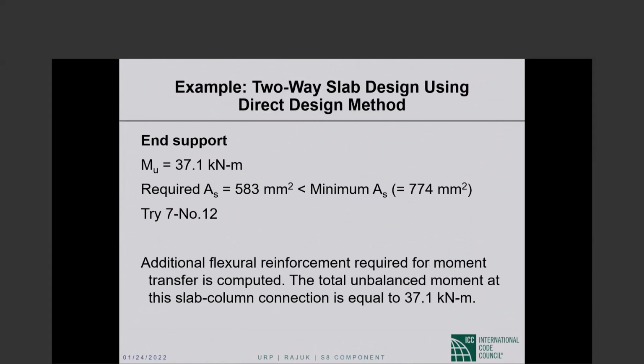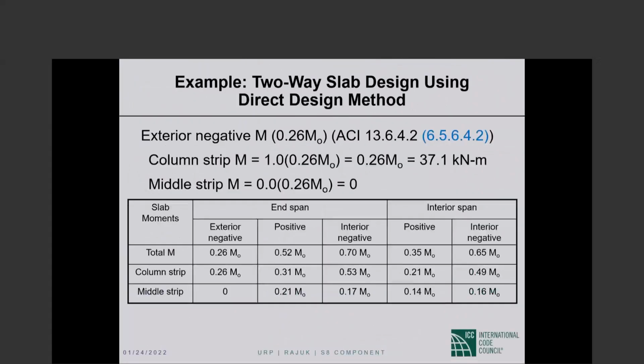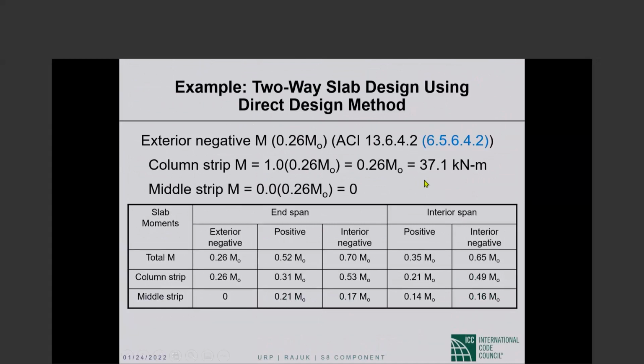So the bending moment at the exterior support, end support, 37.1 kilonewton meters. Maybe we just got it here. Yeah, this is it, 37.1.